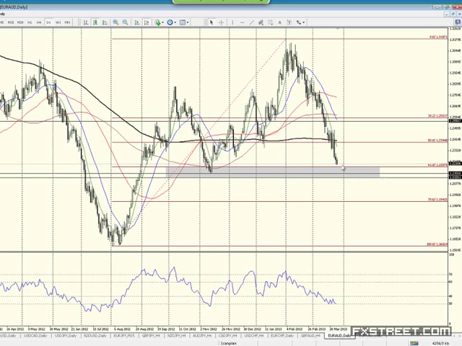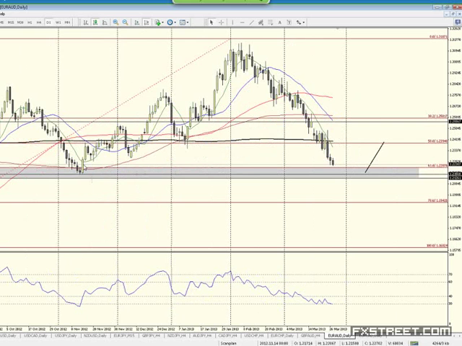For me, if I want to trade a rally from here, I would have to see a nice consolidation and a pop above consolidation. If it's just price action like this, it's going to be tough for me. Okay?